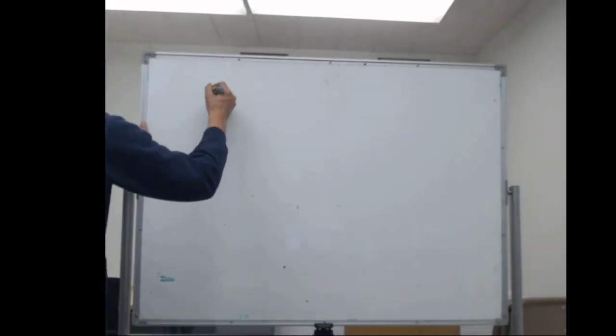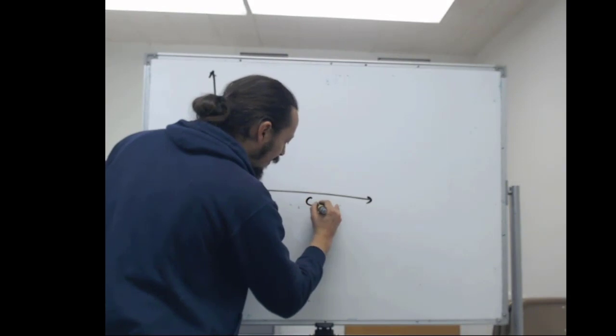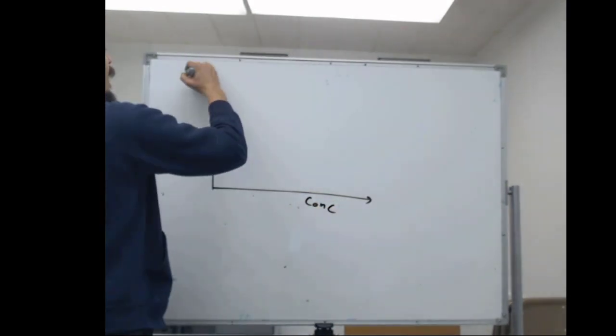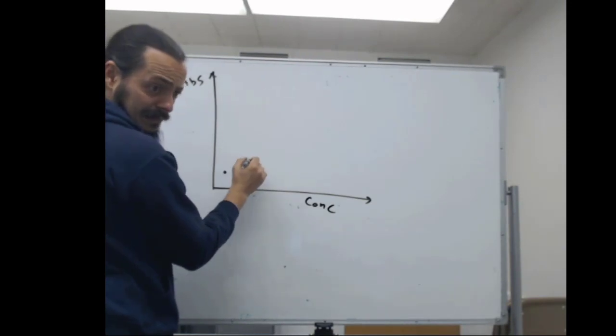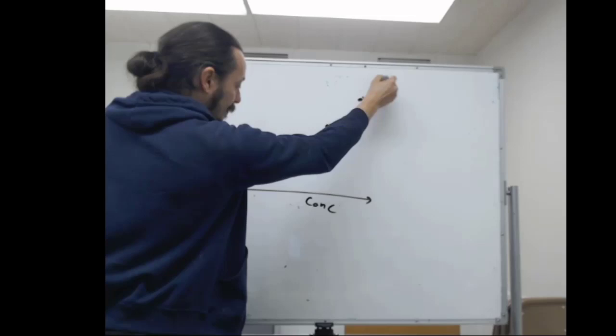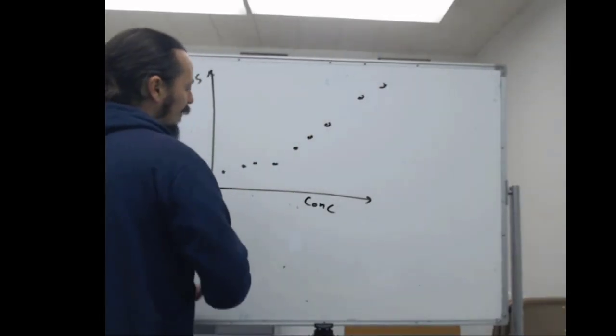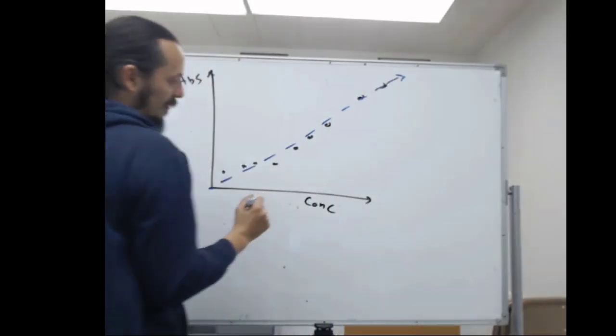So this problem has a graph given to us, right? Just like the Beer's Law plots that we made for our prep activity, we've got concentration, and we've got absorbance. We've got some data points, and then we've got our best line fit that goes through as much of the data as possible.